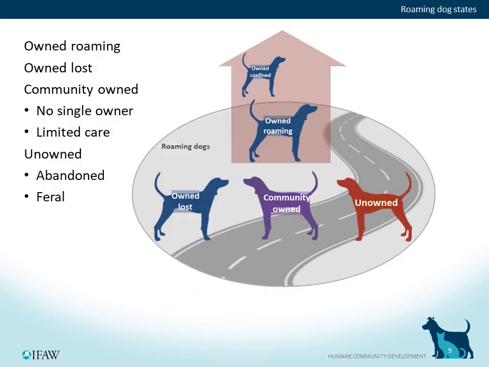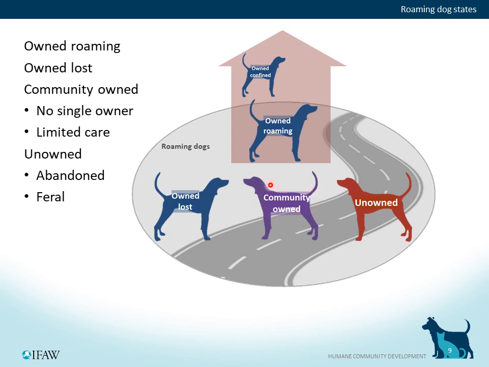So what are these different roaming dog states that we see? Well, first of all, we have these owned roaming dogs. So these are dogs that have a household, but for at least part of the day, the owners allow these dogs to roam freely without supervision. Then we can have a population of these dogs. These are owned lost dogs, hopefully temporarily lost, and that they then can be reunited with their owners, but they maybe end up being lost permanently and becoming part of either the community-owned dog population or the unowned dog population.